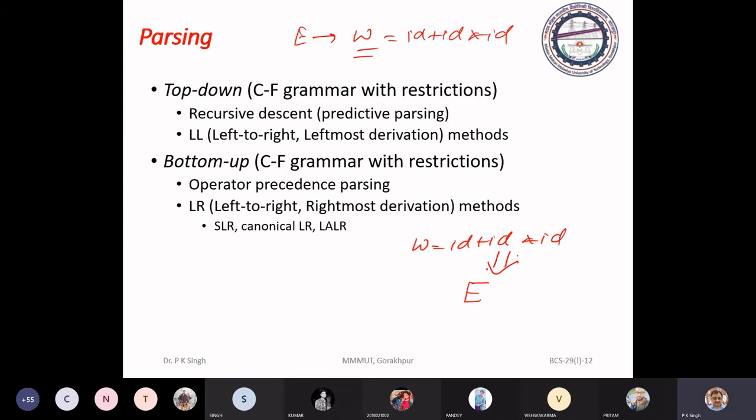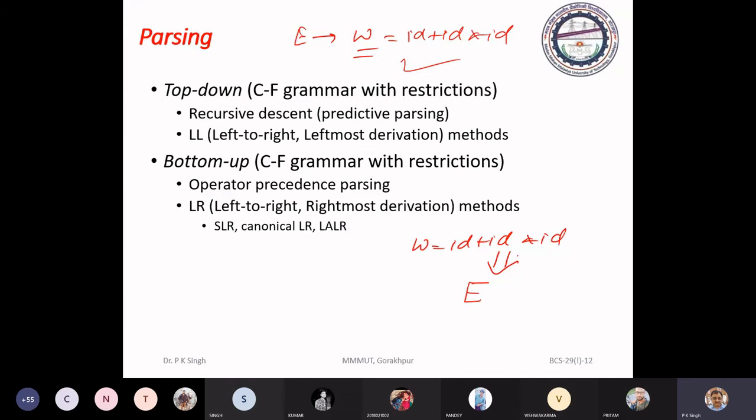Okay. So in this case, what we have to do: in top-down parsing, we replace the left side of the production by its right side. In this case, we have to replace the right side of the production by its left side.